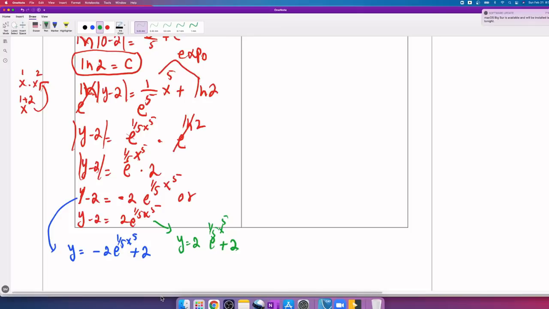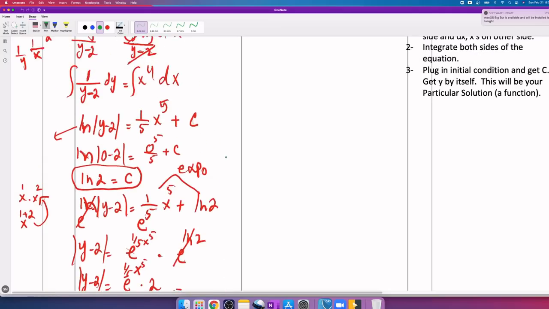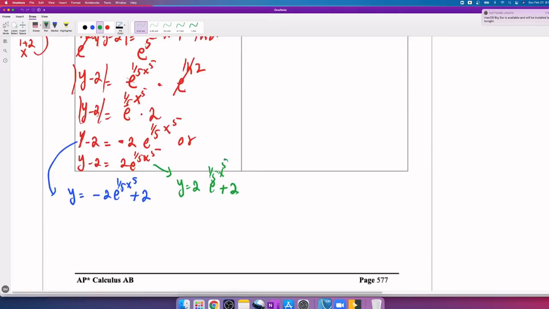Now, which one is true, which one is not true? When you take it out from the absolute, some expression, make sure that you have two answers for it, positive and negative, like a square root. Now, I'm going to plug in my conditions, and my condition is 0, 0, both. So if I plug in 0, 2 e^0 plus 2.